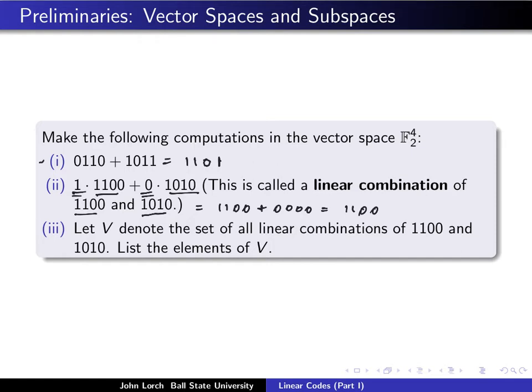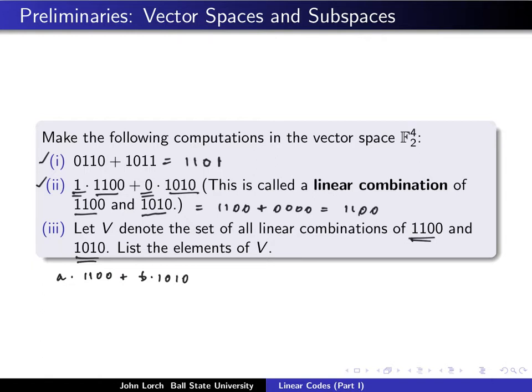Okay, now finally, what we're going to do is produce this set V that consists of all linear combinations of these vectors. Okay, so now what does that mean? Well, that means that we're going to be computing everything of the form A times 1, 1, 0, 0 plus B times 1, 0, 1, 0.